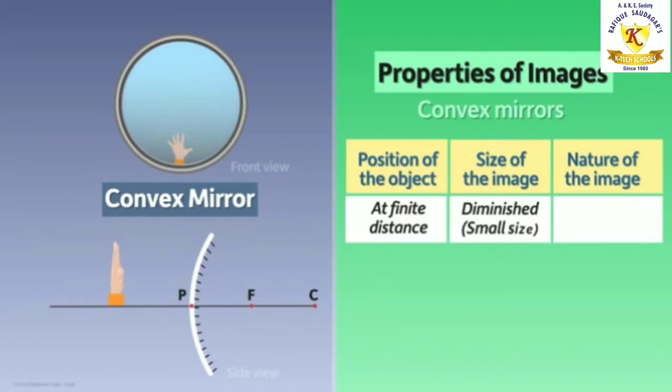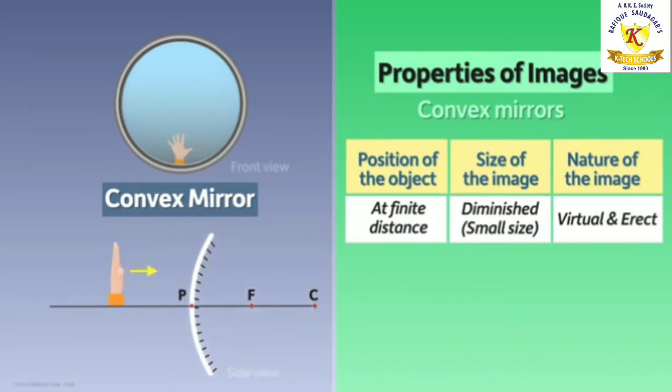Now, the light rays seem to come from a point behind the mirror, but obviously we know that no image is formed there. So the image is also an upright image. Remember that every virtual image is an upright image.